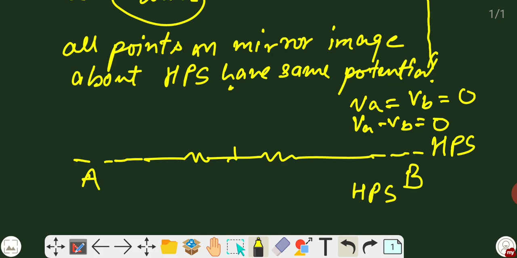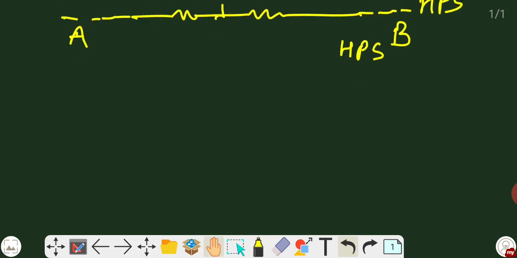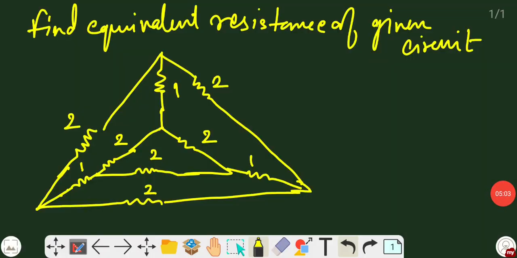Now let us move on to the examples. Let us solve one of the questions, and check whether it is eligible for the folding symmetry or the mirror symmetry.